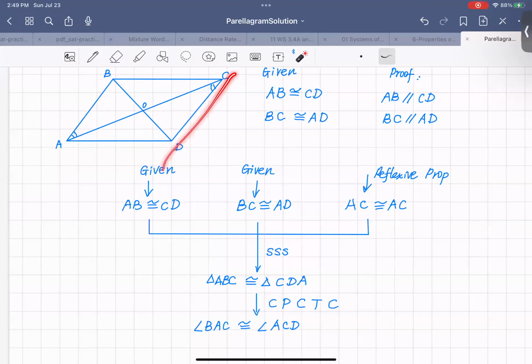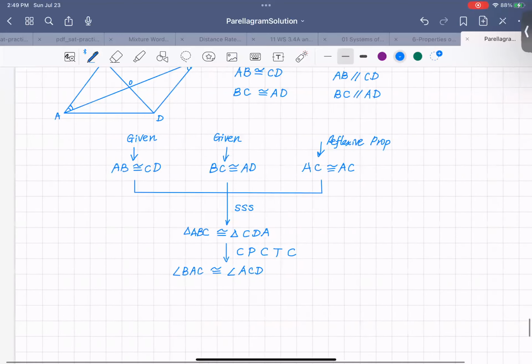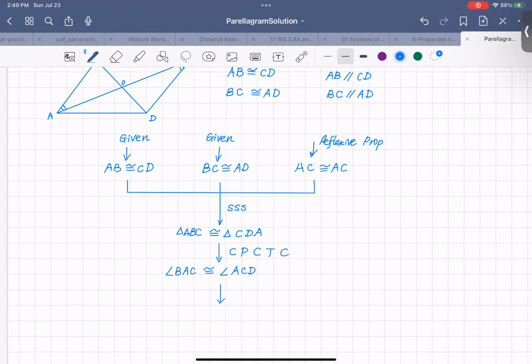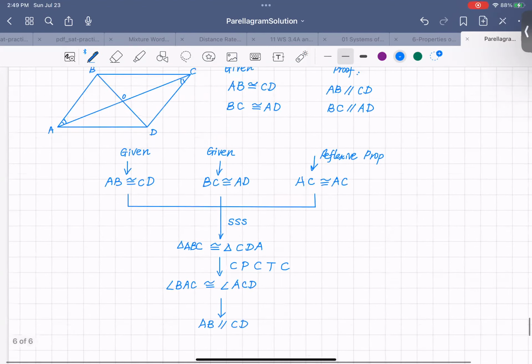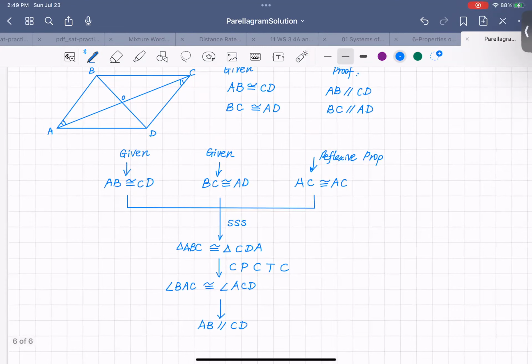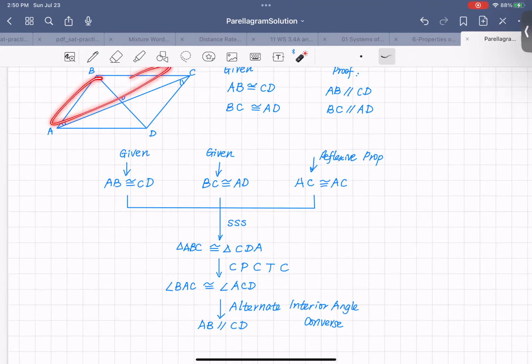So you have AB parallel to CD because of the alternate interior angle converse. Make sense? Okay, and when these two triangles are congruent, you have these two angles congruent.